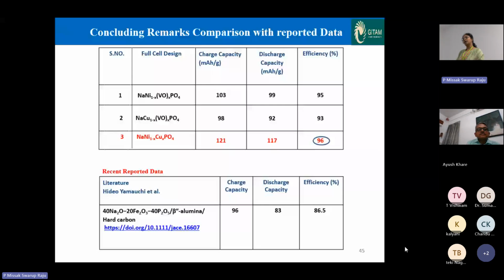I took individual nickel, individual copper, but finally from these results, the combination is better. Tell me the total composition. Sodium, nickel, copper, phosphate. How much? Sodium, nickel 0.3, copper 0.7, PO4, x equal to 0.7 mole%, sir. That sample is the best one.